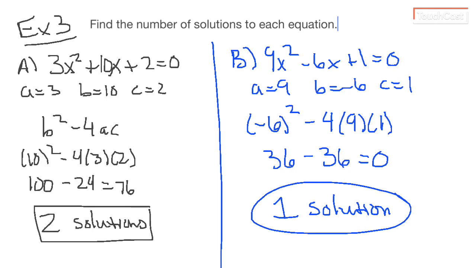And I have a part C to example 3, so let's do one more here. So we'll just call this 3c. Our equation is going to be x squared plus x plus 1 equals 0.